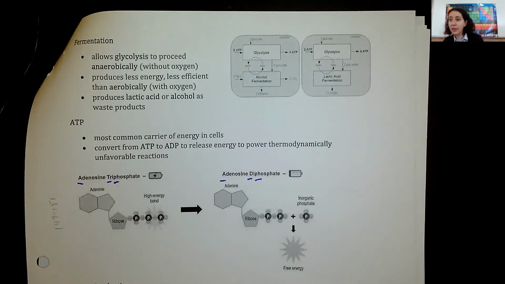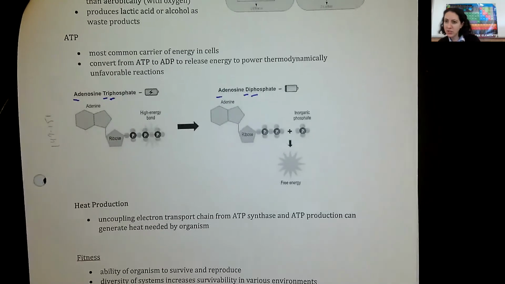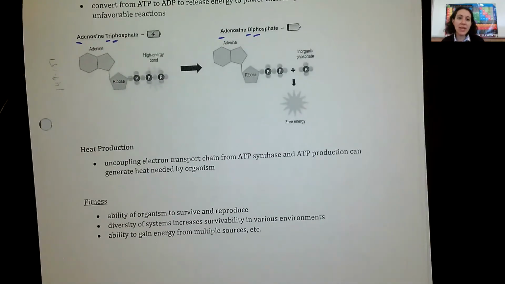Okay, so that's fermentation. Oh God, I could ramble on so much more, but I'm going to stop. We've talked about ATP pretty thoroughly at this point, so I feel pretty good about that. A couple of other quick points just to hit on, because they might come up. Heat production.